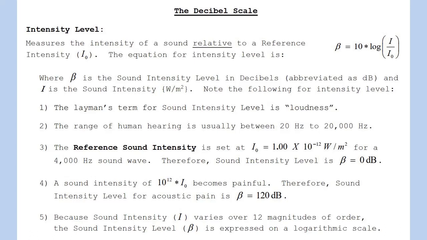A sound intensity of 10 to the 12th times the reference sound intensity is considered to be very painful. Therefore, sound intensity level for acoustic pain is 120 decibels. Because sound intensity I varies over 12 orders of magnitude, the sound intensity level, beta, is expressed on a logarithmic scale.